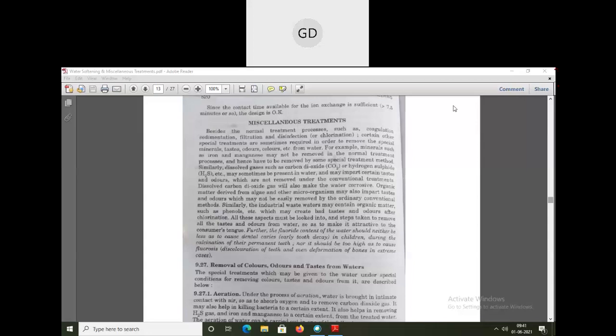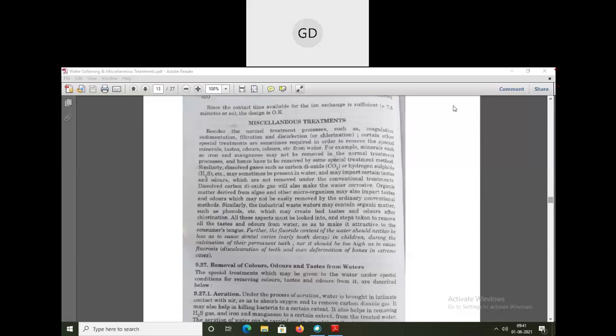But besides the treatment processes that we have done, certain special treatments have to be given to the raw water to remove some special minerals that cause taste and odor. The water might have some color, some bad taste and odor. All those things you have to remove from water, and they are not removed during the normal treatment processes.